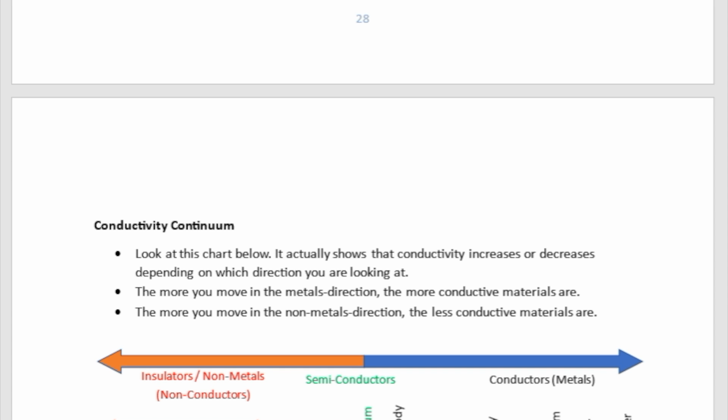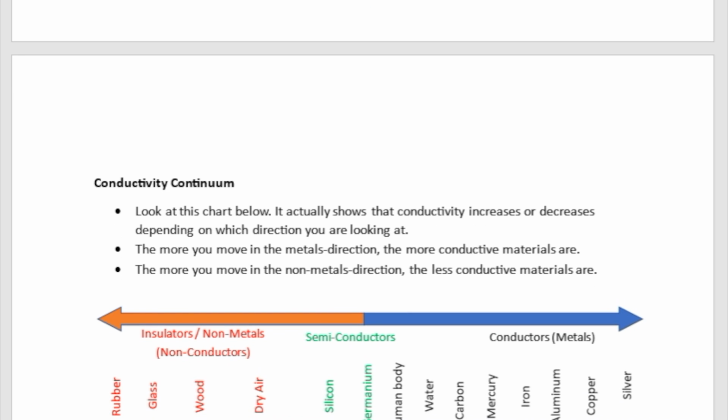In other words, the further to the right of this continuum an element of the periodic table is, the more conductive that element is. The further to the left an element is, the more insulative it is. And if the element is somewhere in the middle, it's going to be like a semiconductor, like silicon and germanium. Okay, so that's the difference between conductors, insulators, and semiconductors.